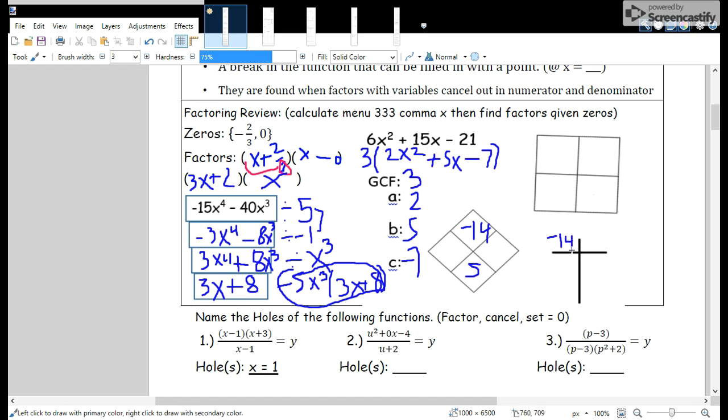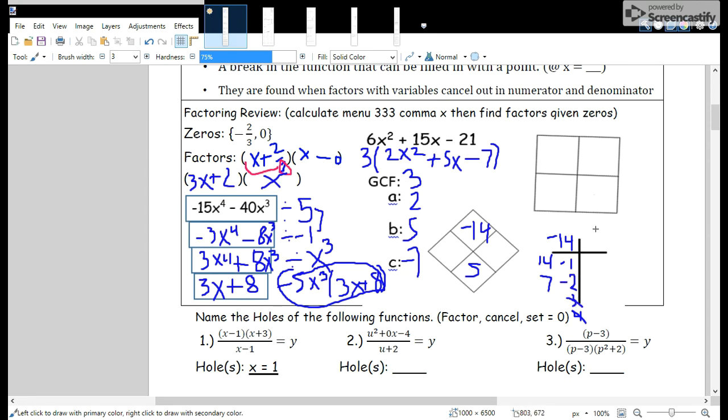We write negative 14 right here, and we'll write out the factor pairs. We have 14 and negative 1, 7 and negative 2. 3 doesn't work, 4 doesn't work, 5 doesn't work, and 6 also doesn't work, because those would give you decimals if you divide 14 by each of those numbers.